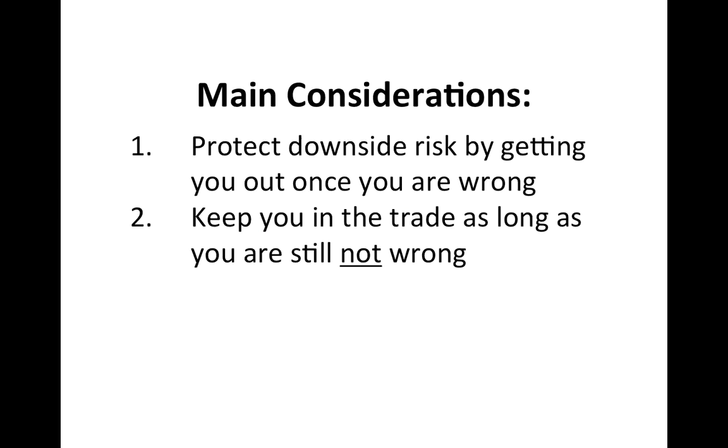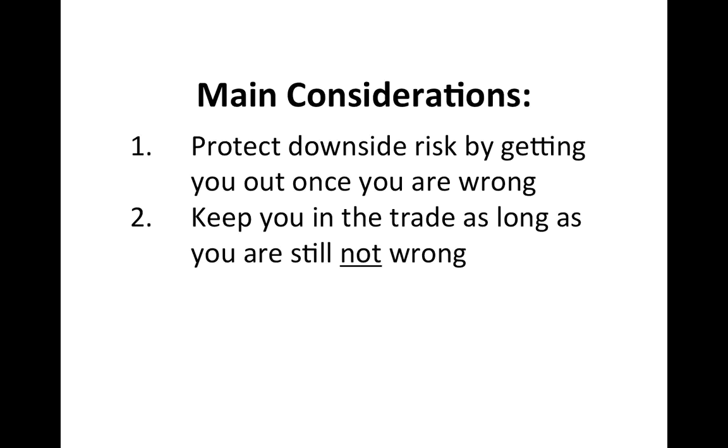So what are the main considerations? First, the main purpose of the stop loss is to help you protect your downside risk. Once you know that you are wrong, it automatically gets you out of the trade, so it limits how much loss you are going to take. But the second thing, which most people leave out, is that you must also place the stop loss in a way that will keep you in the trade as long as you are not wrong.